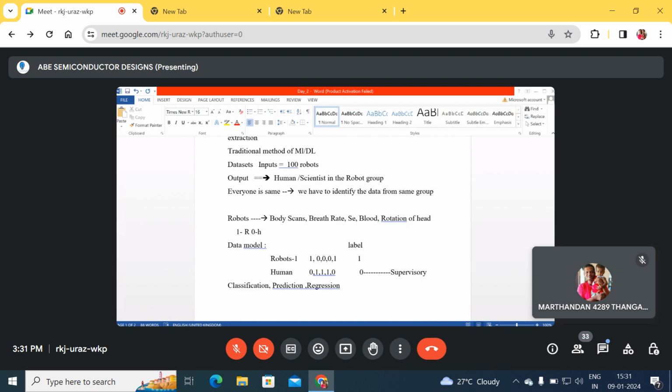This is one kind. And the second kind is prediction, based on the data we have. So supervisory, what is supervisory and unsupervisory, the difference between ML and DL. It's all okay, it's clear.